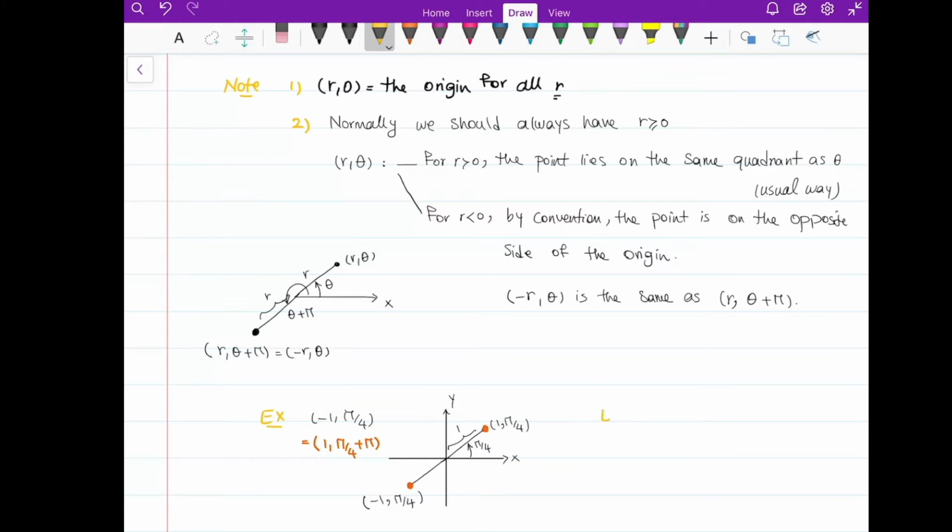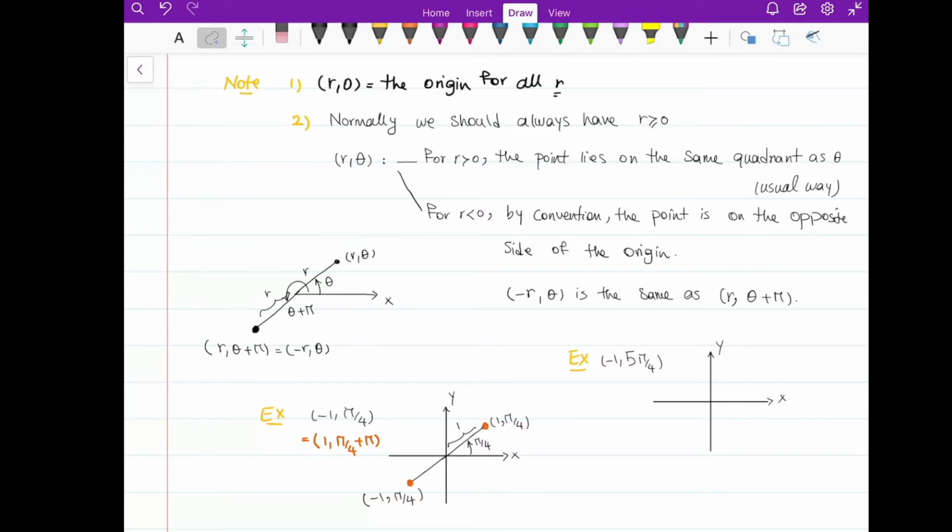How about if we have something like this? If we have negative 1 and 5 pi over 4, where is this point? Let's see. X-axis, y-axis. Let me bring the whole thing a little up so I have more space. So this is pi over 4. The whole thing in here would be 5 pi over 4. So 5 pi over 4 would be here.